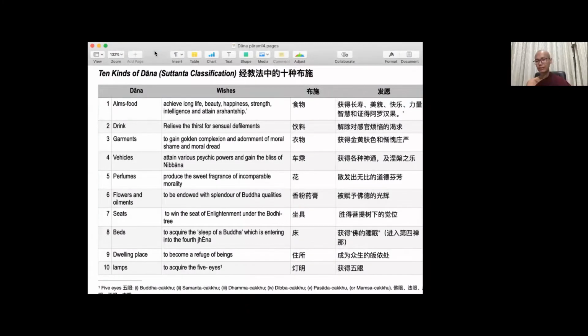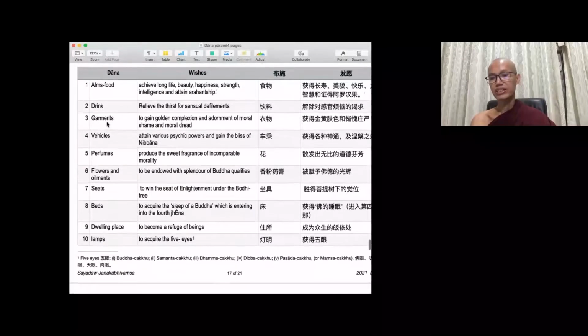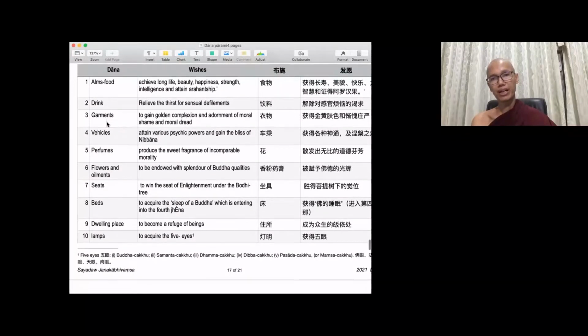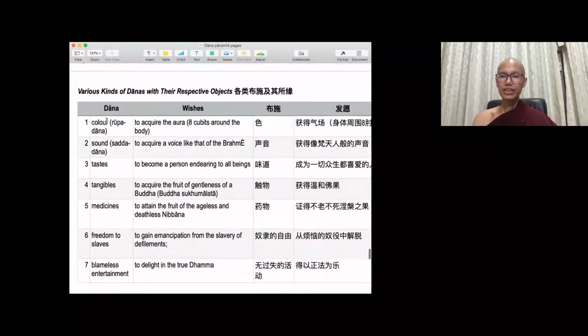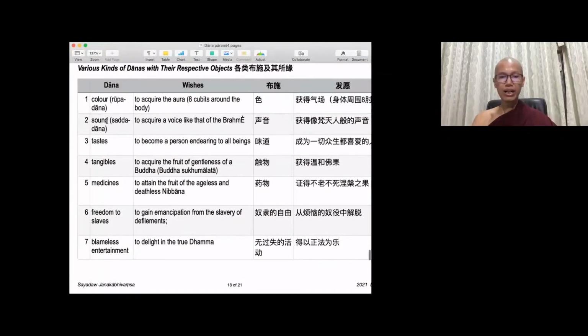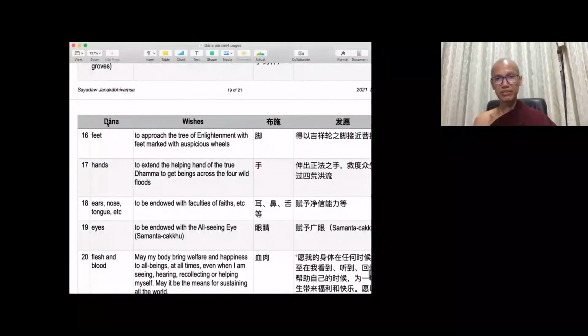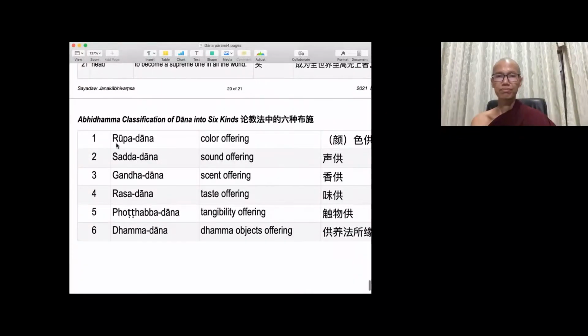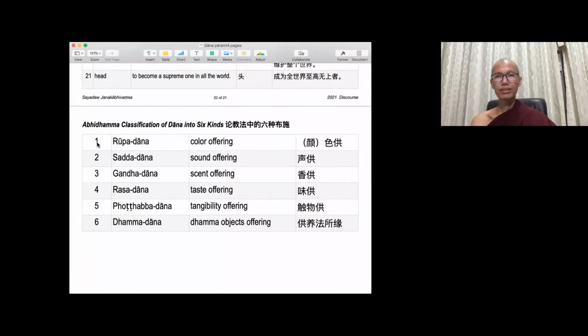Now we will go to donating things according to Dharma. Donating things according to Dharma are only 6. One is for the eye.